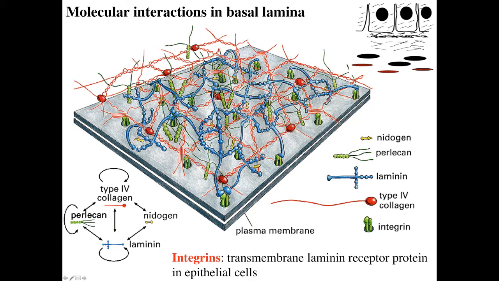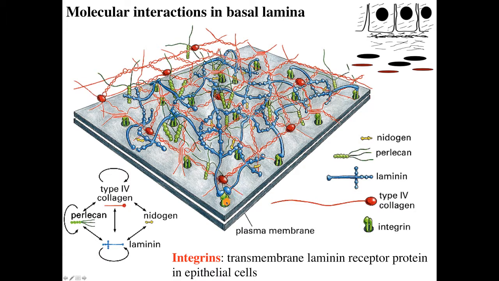Here is a more complicated cartoon of this, with the diagram on the top showing the epithelial cells, and so the basal lamina highlighted here would be shown here in the diagram. So if you imagined flipping these epithelial cells upside down, here is the lipid bilayer of the epithelial cells.